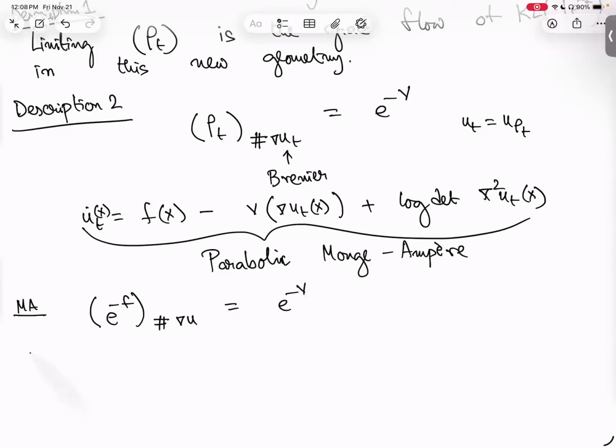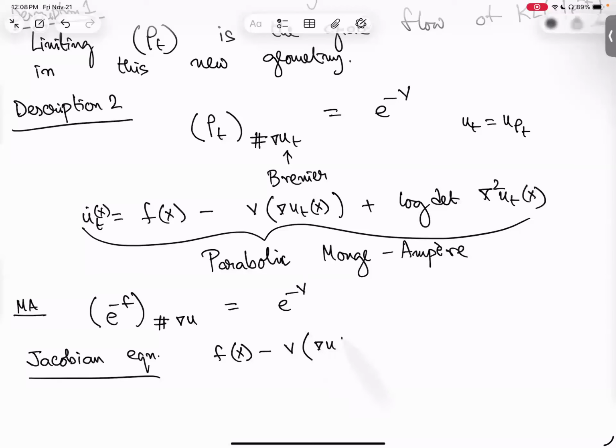This leads to the following Jacobian equation. This is the Jacobian equation when you do a change of measure. So if you do this correctly, you would get that f of x minus v of gradient of u of x plus the log of the determinant of the Hessian of u of x is equal to 0. That's my Monge-Ampère equation.